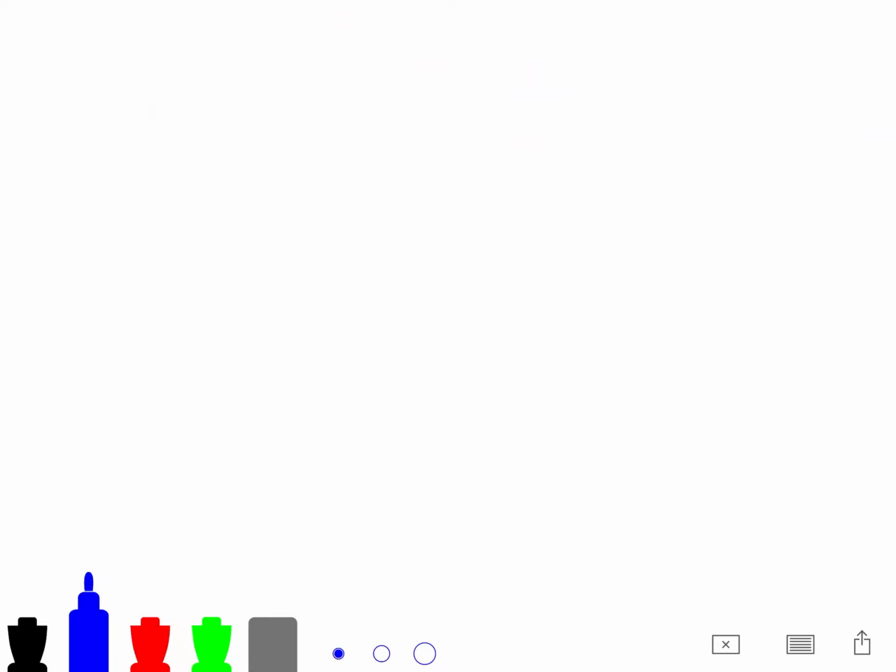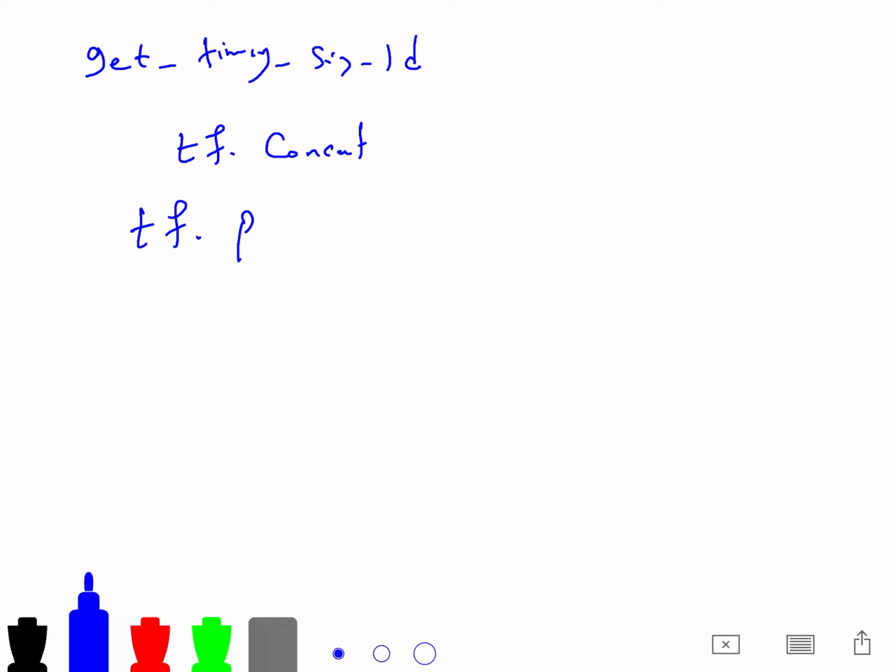And if you look at the code, the name of the Python function that you have written is get_timing_signal_1d. First, in TensorFlow, you concat sine and cosine, and then to your signal you apply padding, and then you reshape it.